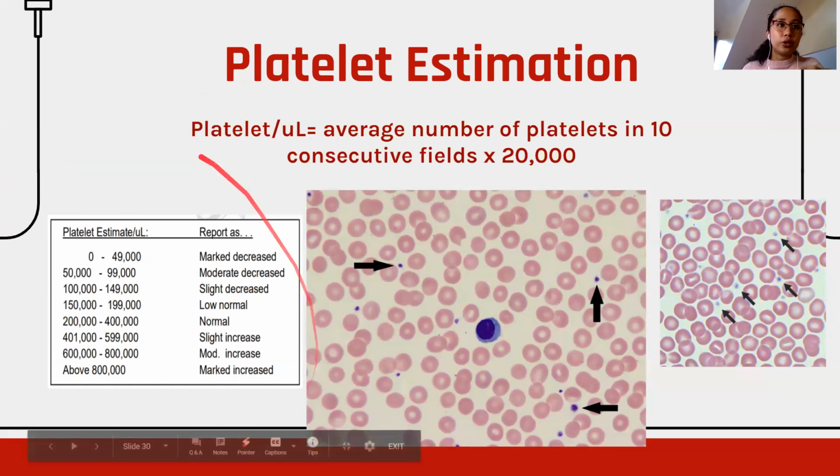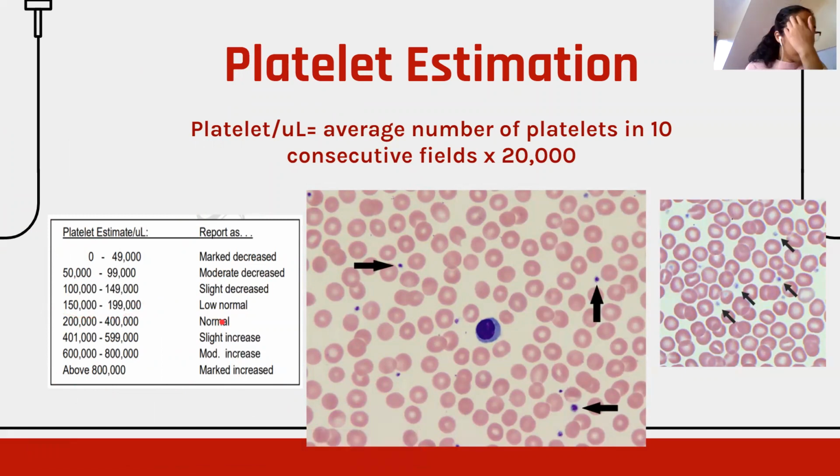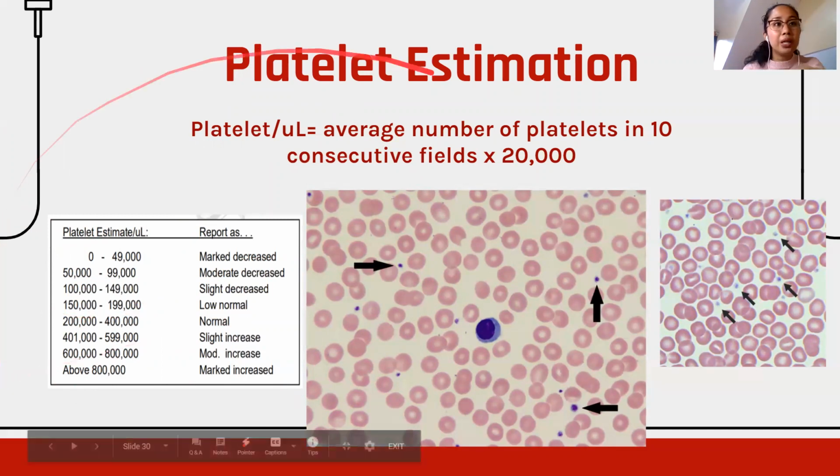And class, you will report qualitatively. So, kunyari, 100 to 149, slightly decrease, 150,000 to 190, low normal. Class, minimemorize namin to kasi lumalabas to sa board exam. So, ma'am, what does your platelet look like under oil immersion objective?